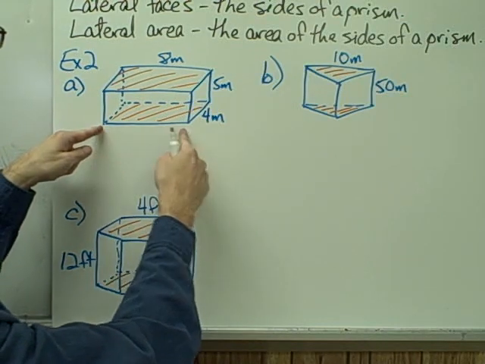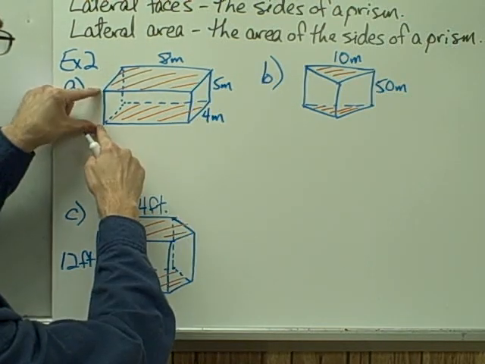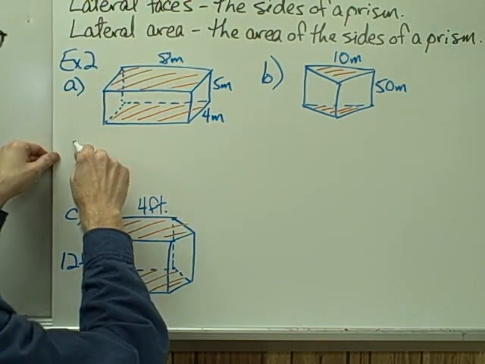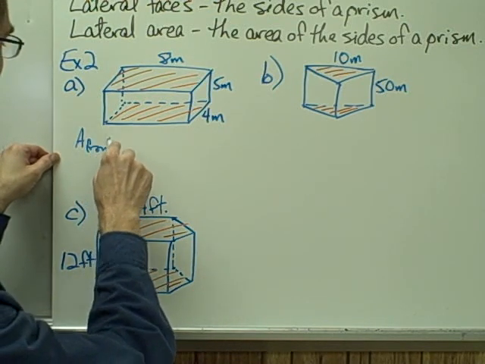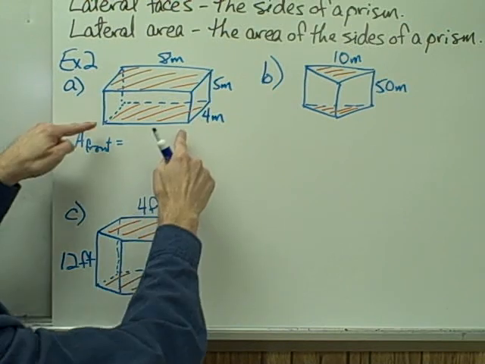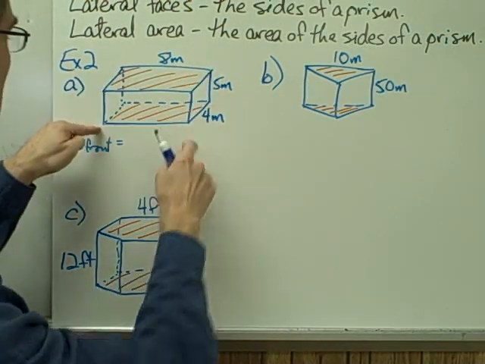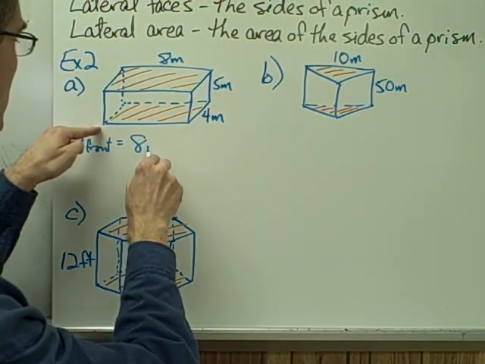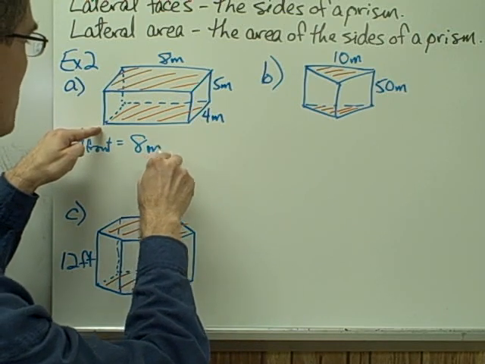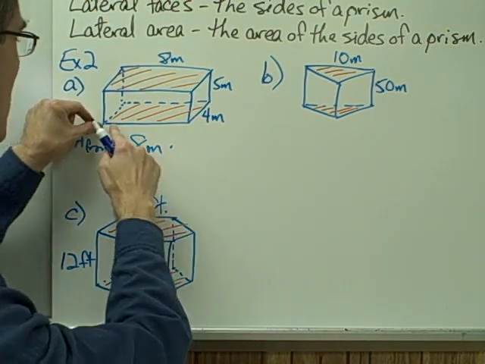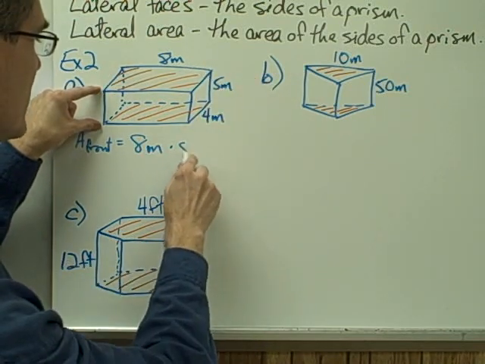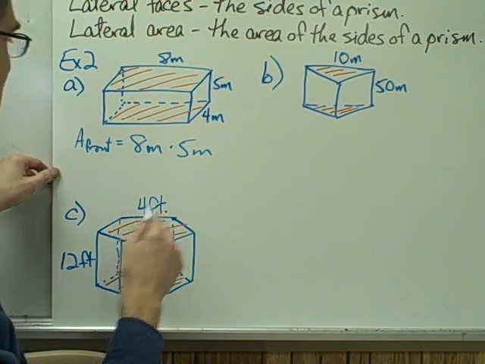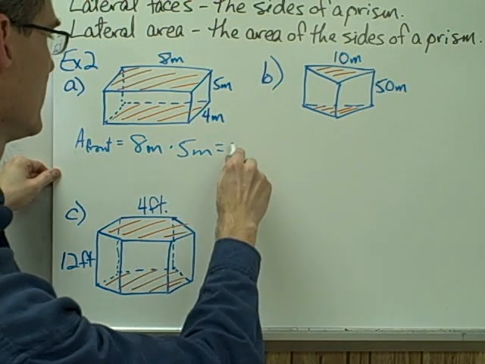That would be this rectangle with this base and this height. The area of the front is, my base is 8 meters times the height, which is 5 meters. So 8 times 5 is 40 square meters.